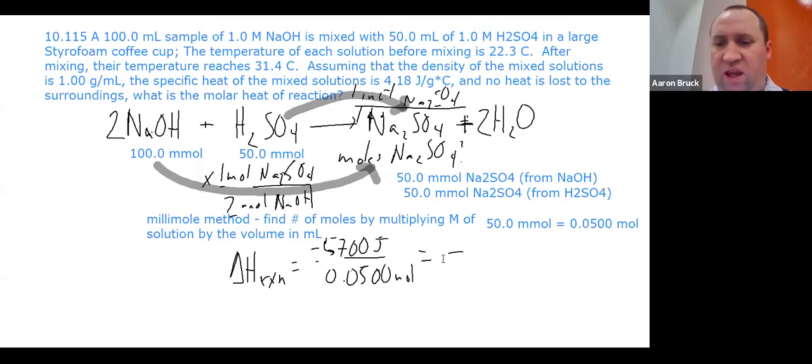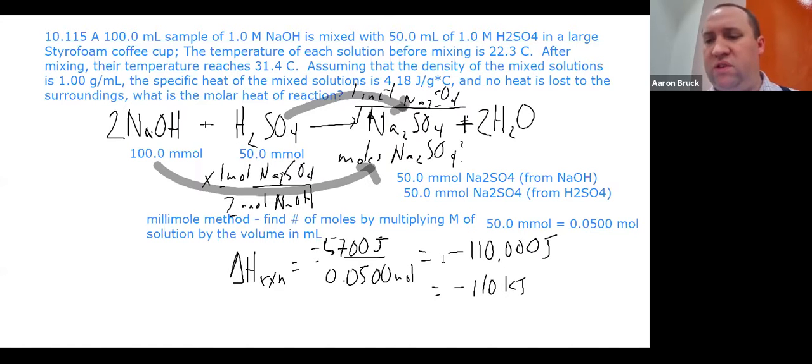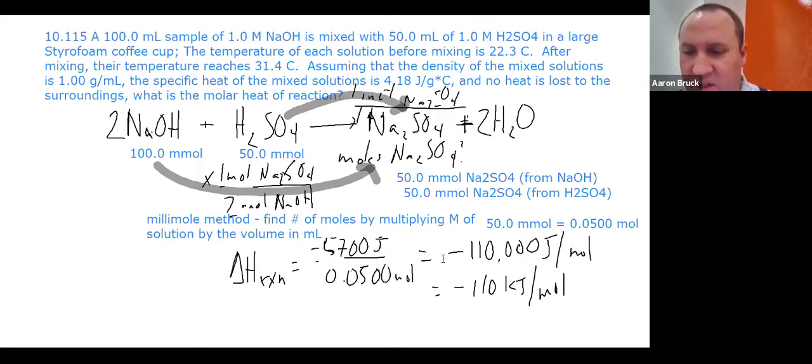And that would give me negative 110,000 joules, or negative 110 kilojoules. Again, this is joules per mole and kilojoules per mole. So now we're dealing with much more serious numbers, numbers that kind of make sense given the quantity and the amount of heat that's generated by these neutralization reactions.